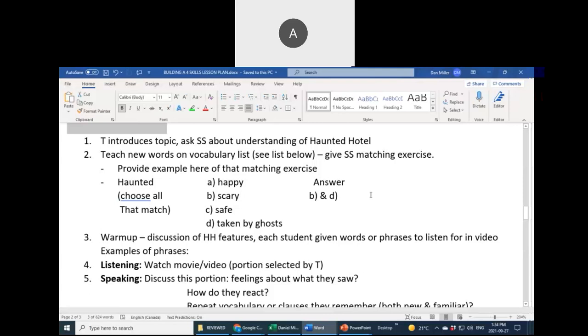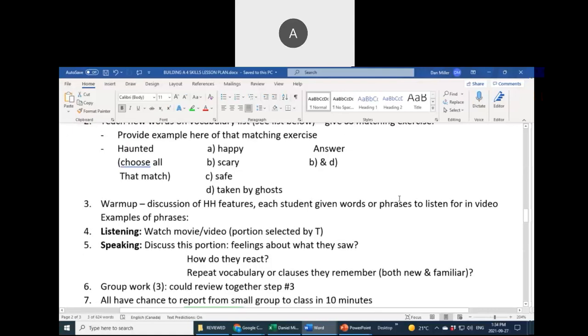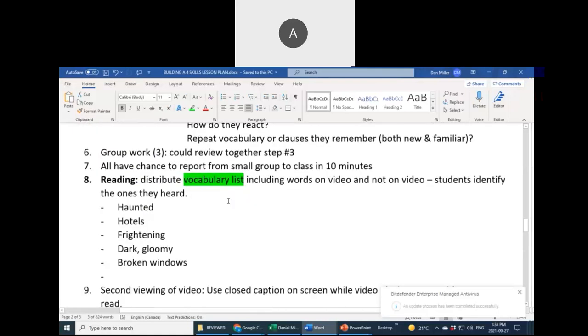So if it's a beginner proficiency level or lower intermediate, you might want to do the new vocabulary list, going through a matching exercise ahead of time, because they might not be able to read easily if they don't understand the words.